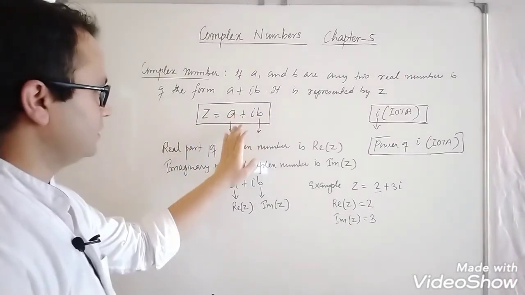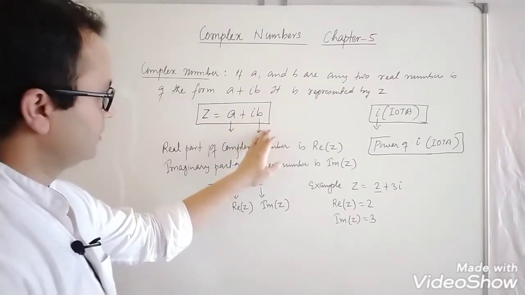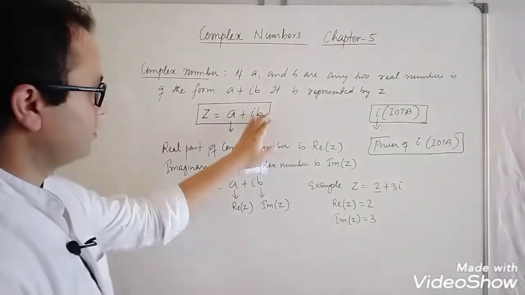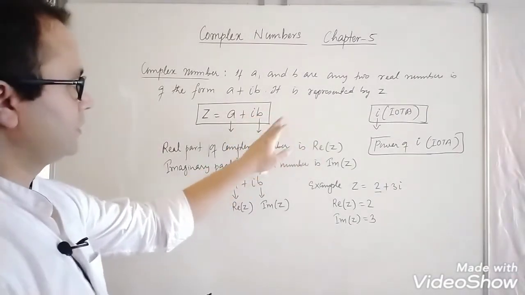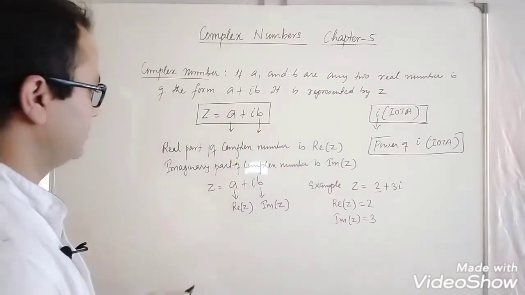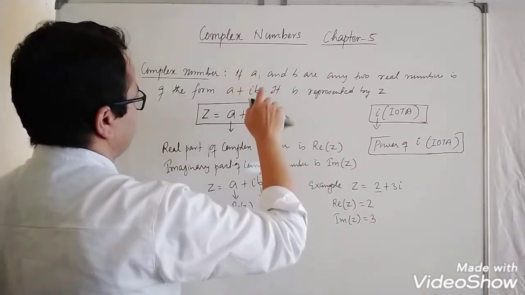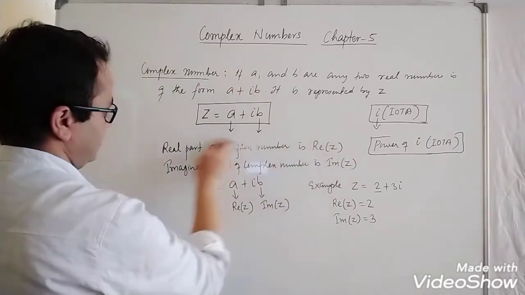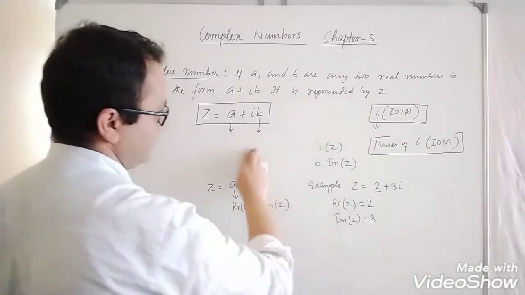Here a is the real part and b is the imaginary part of the complex number, so the factor of i is the imaginary part.